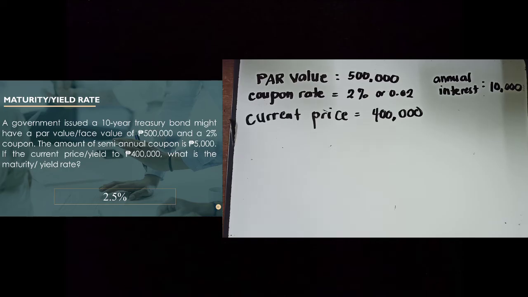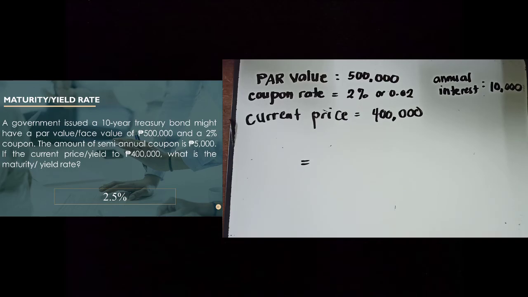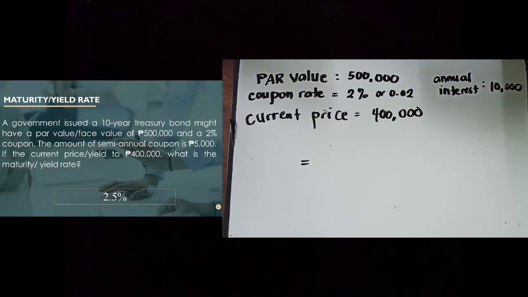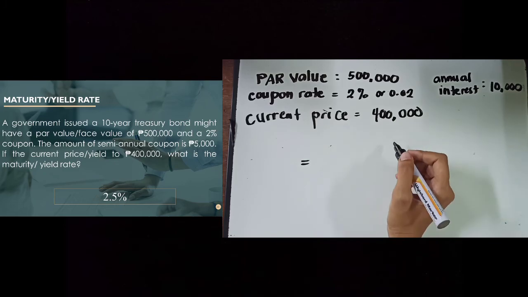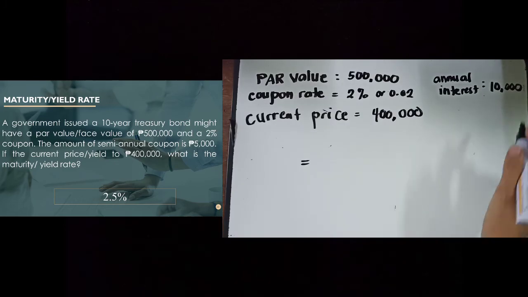So, the formula to solve for the rate, ano yung interest rate nitong 400,000 with an annual interest of 10,000 pesos din po. Okay, so again, ano yung interest rate nitong 400,000, which is yung annual interest ay 10,000 lang din.